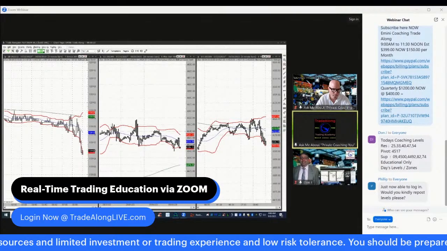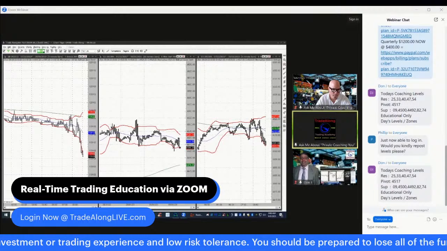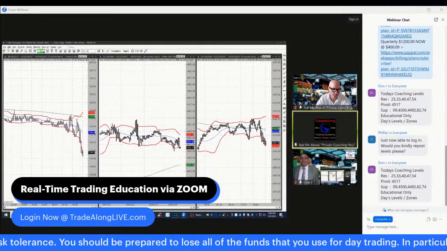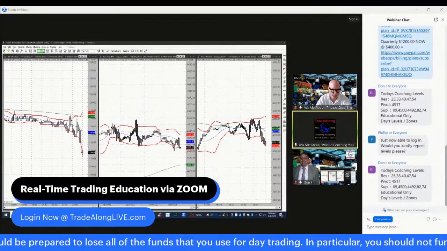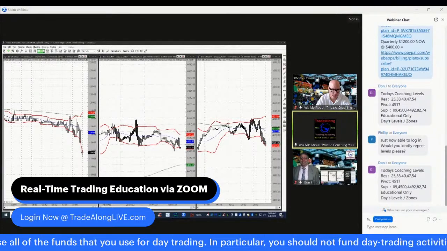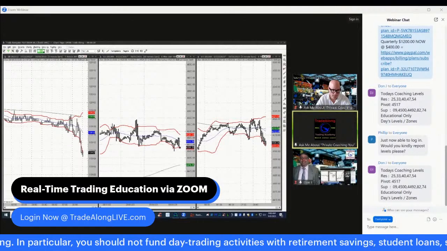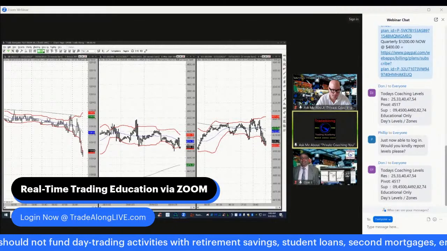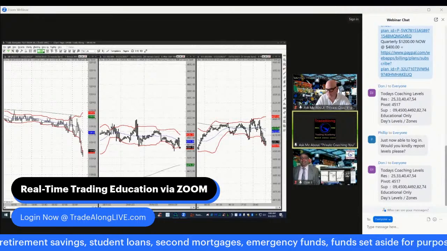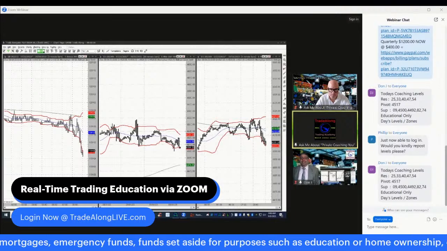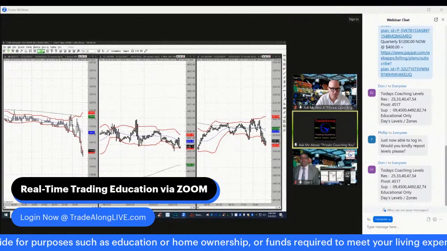Now we got down to 3 and change there. Again, a small number, not really a big market mover. They did chop around there for a little bit, but nothing significant.